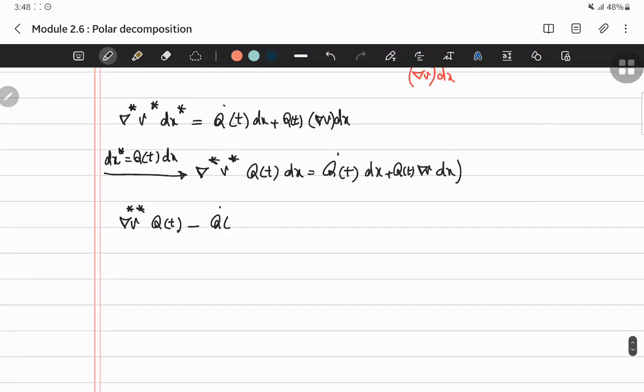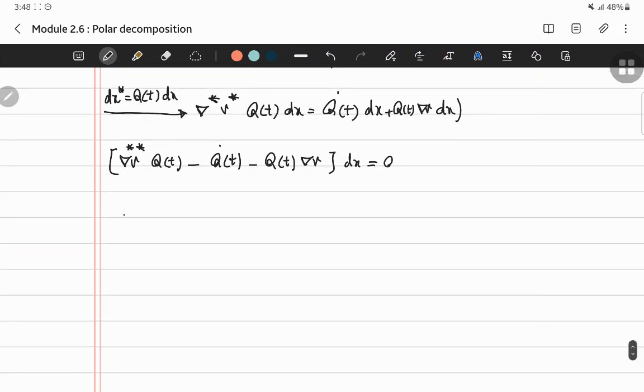So I have qt here, q dot minus qt del v, whole times dx is equal to 0.